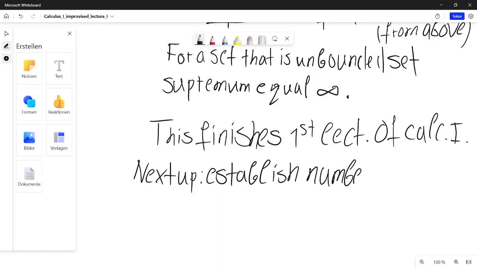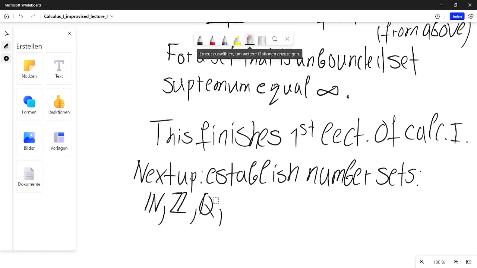I think we'll do that. But I'm not sure yet if we will really do that, or if we yet have to do other things. Actually, yeah, those are the only ones. So establish number sets and then Q. And basically the only work that we will have to put in will be to establish N.